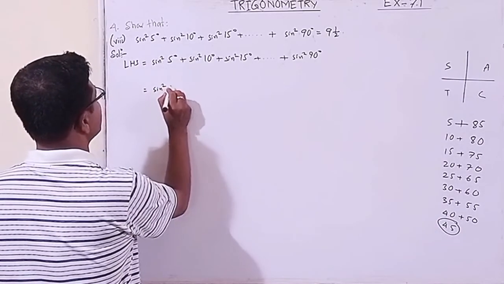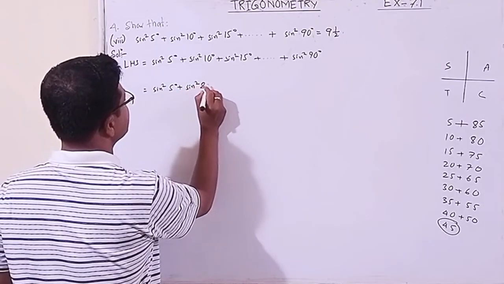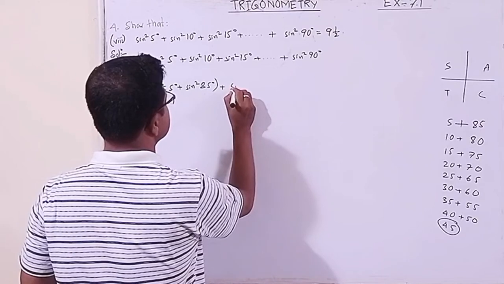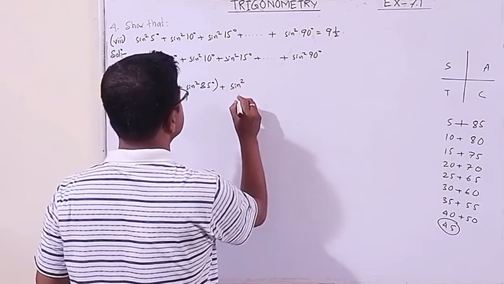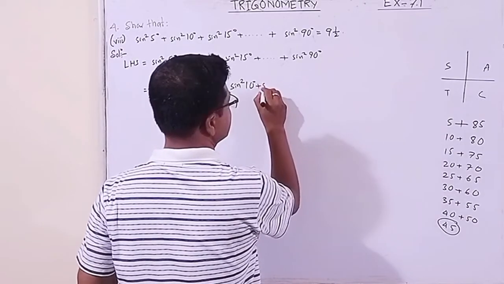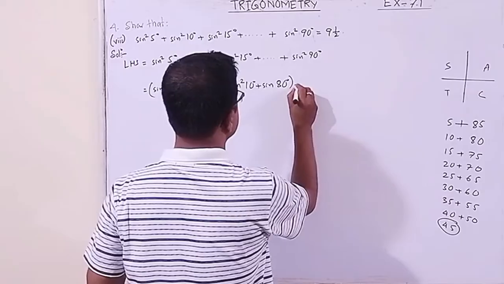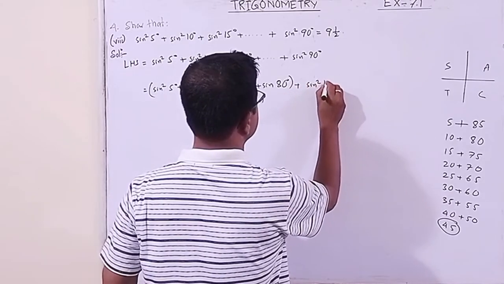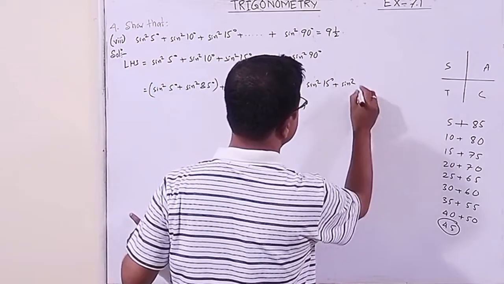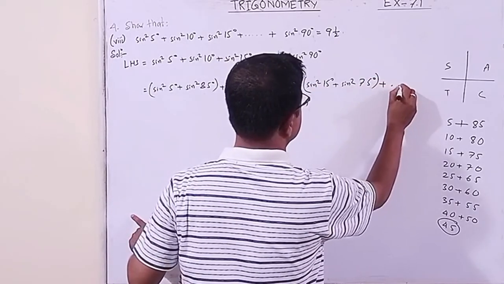Sine square 5 degree plus sine square 85 degree, sine square 10 degree and sine square 80 degree, sine square 15 degree plus sine square 75 degree. Whatever is given we have written, plus dot dot dot.